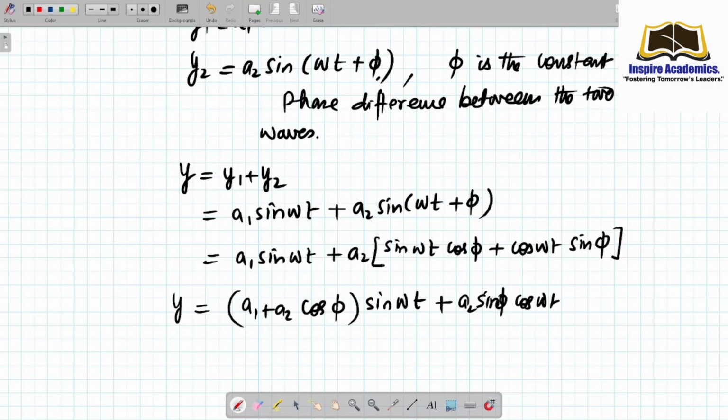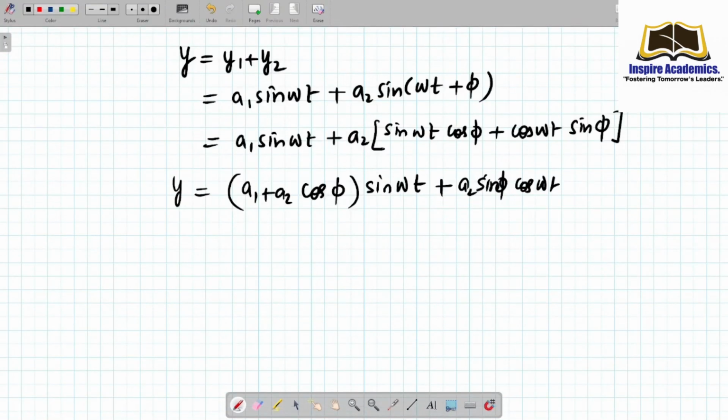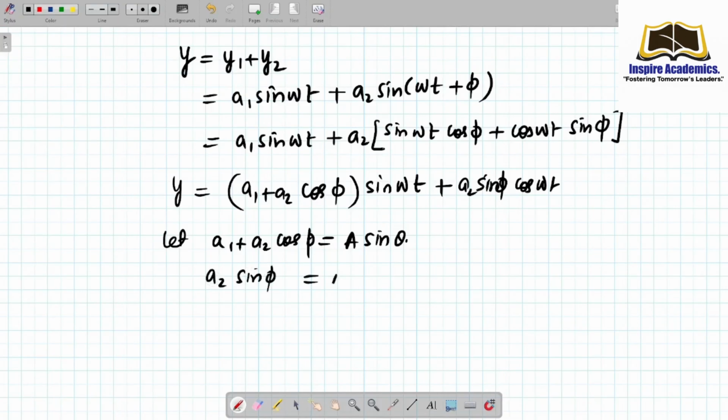Let us understand that we would write, let a1 plus a2 cos phi is capital A sin theta, and we would write a2 sin phi as capital A, rather instead of sin theta, write cos theta, cos theta, and here A sin theta. Write them like this, one relation and two relation.